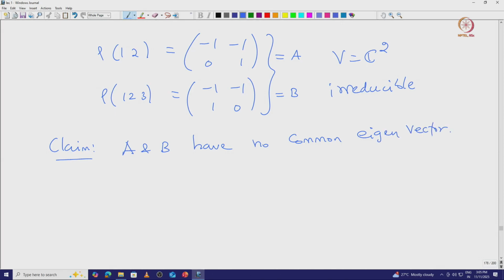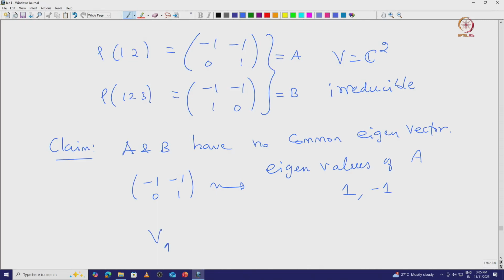In order to check this, first we will compute the eigenvectors of this capital A. You can immediately see that this matrix being triangular, the eigenvalues of capital A are +1 and -1.